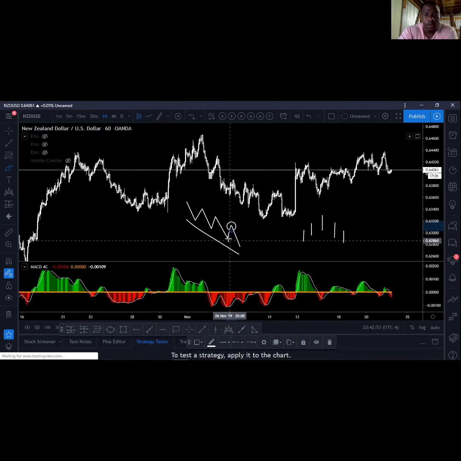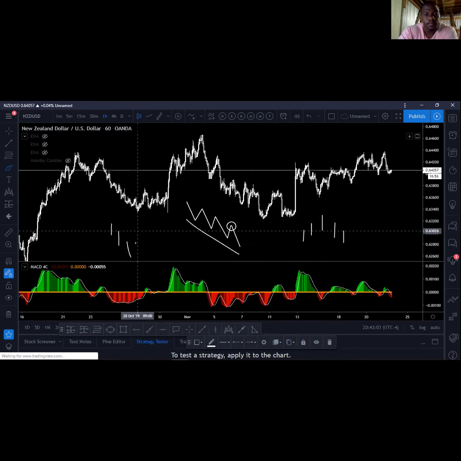For a swing low, you will see the reverse. You will see one candle at the bottom that is lower than the two to the left and the two to the right.